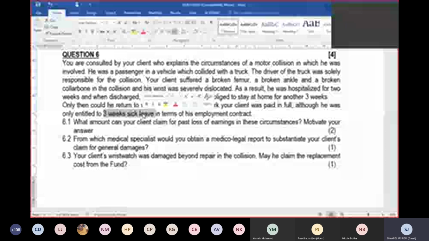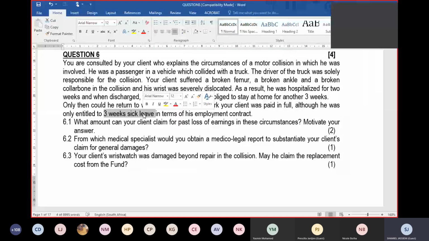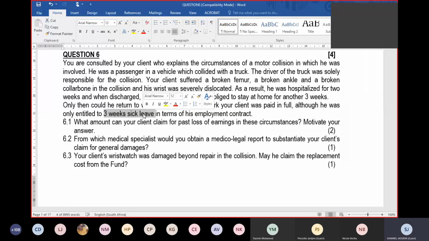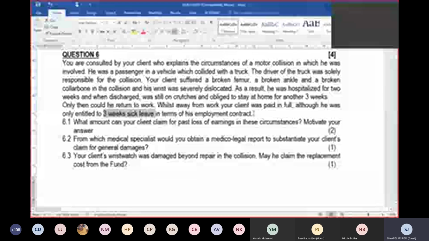So if we exclude the ex gratia payment when calculating the loss of earnings, he only received payment for 3 weeks and he was off for 5 weeks. So for how many weeks must the RAF compensate him for loss of earnings? For 2 weeks. Everyone clear on that?